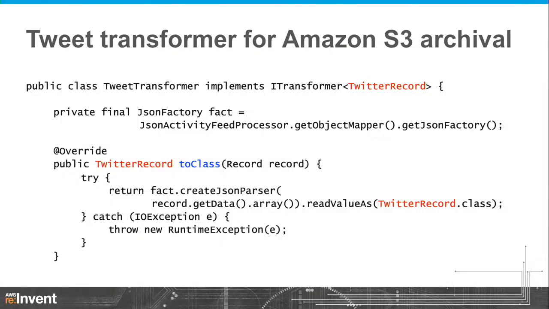If you were to look at the tweet transformer for the Twitter Trends application, we define a Twitter record. You would have to define that yourself. And since tweets are in JSON, basically you just need for the toClass to fire up a JSON parser that is going to take that byte array and turn it into your Twitter record. Okay?